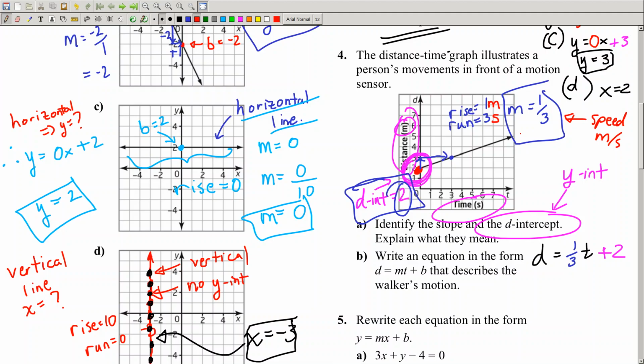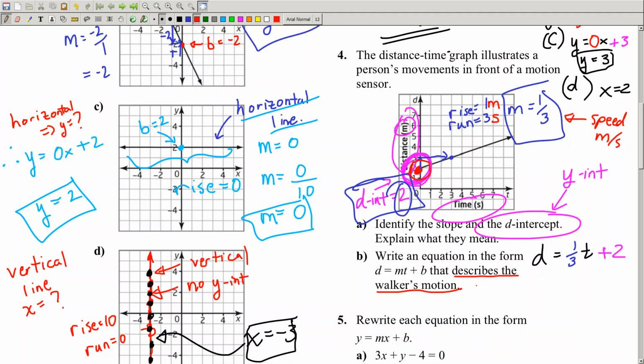Now, what does the y-intercept mean? Well, initially, I start off at a distance of 2 meters. So that's my starting position. I start off initially at time t equals 0 at 2 meters. And that's it. Now, we've done describing a walker's motion in a previous unit, so let's go over it.